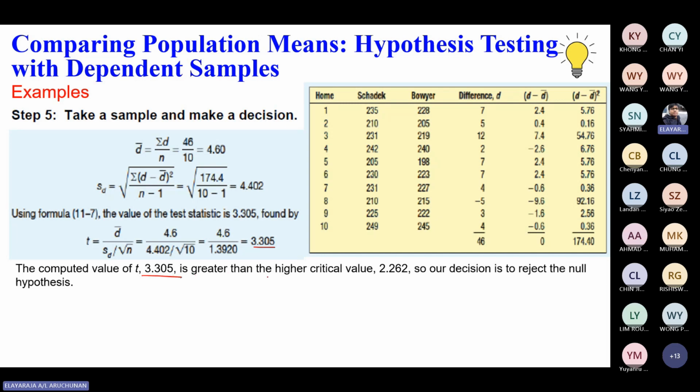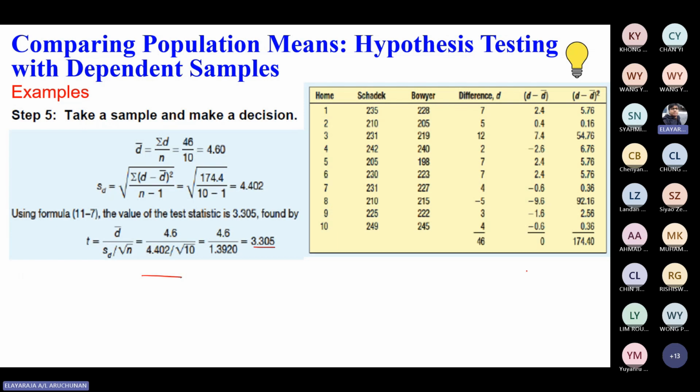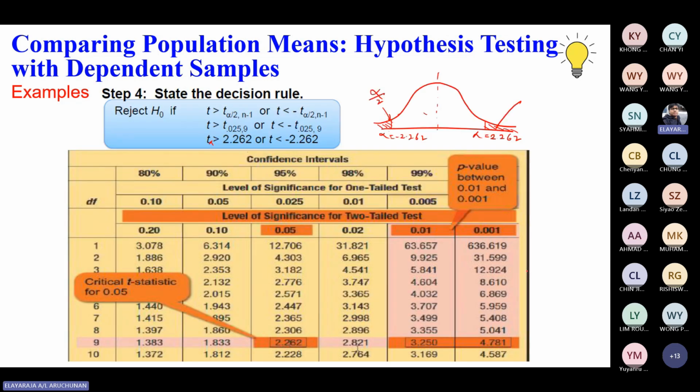So we have noticed that 3.305 is greater than the higher critical value, which is 2.262. So our decision is to reject the null hypothesis, because you can see that it falls in this region, greater than the critical value 2.262.